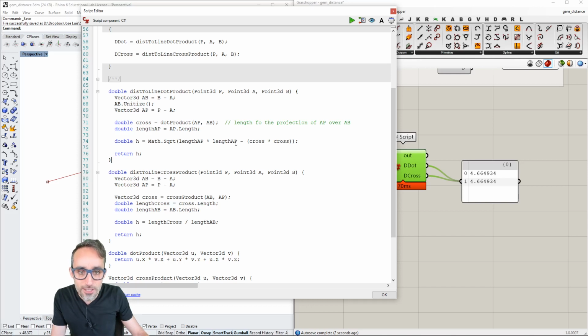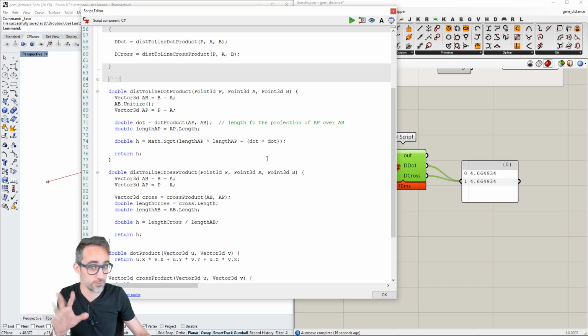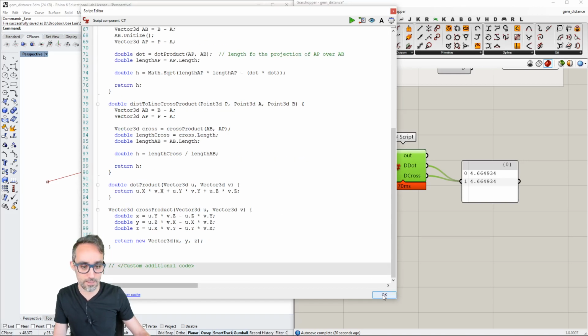And actually, I just noticed that I have a huge confusing thing. This is not the cross product, this is the dot product. So that was not great. I'm just going to replace this here. I'm sorry, that was confusing, that should not have been there. But I think that's it.